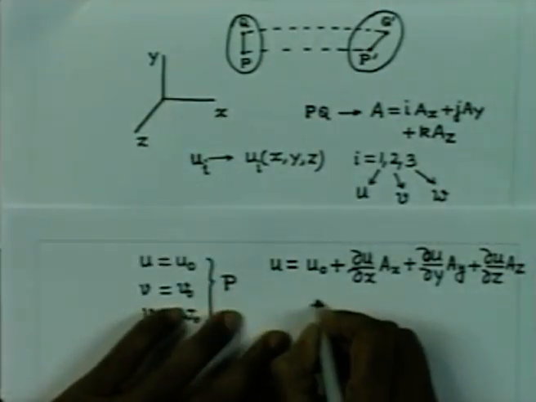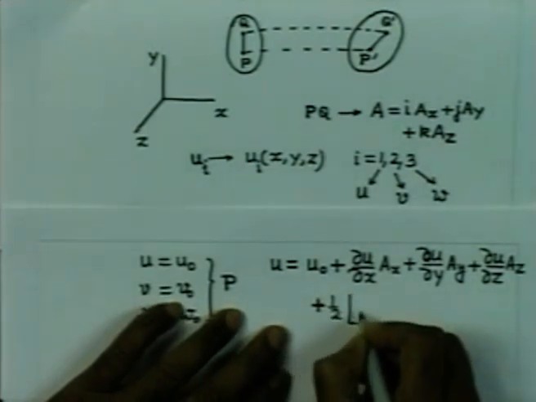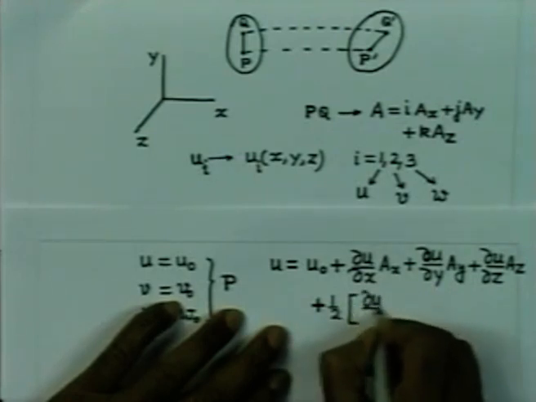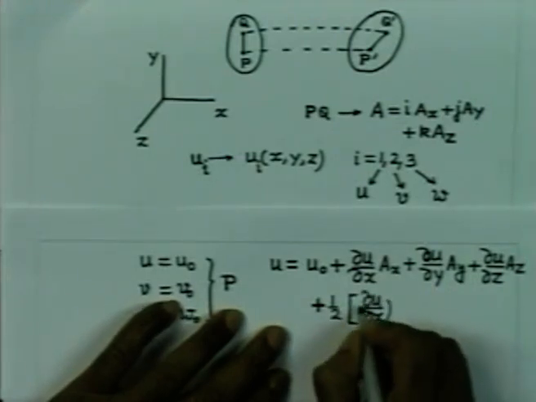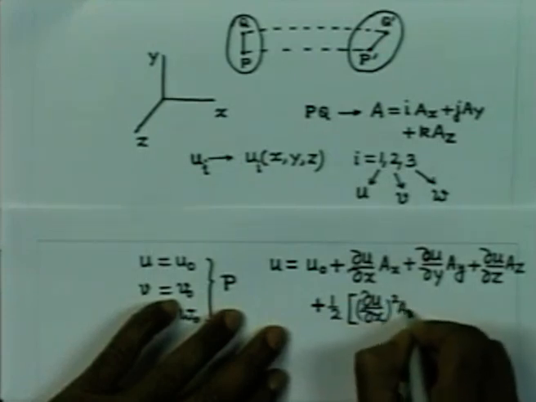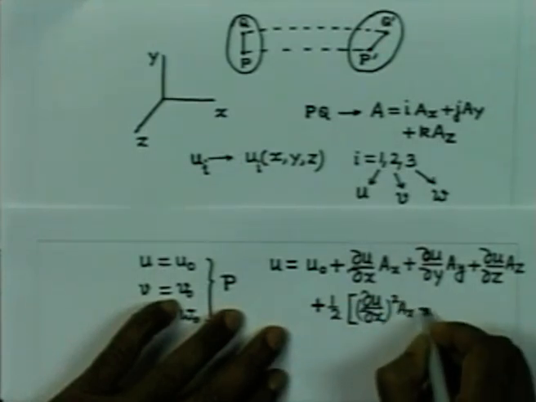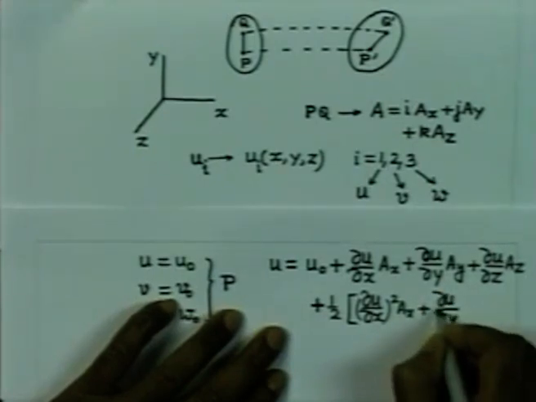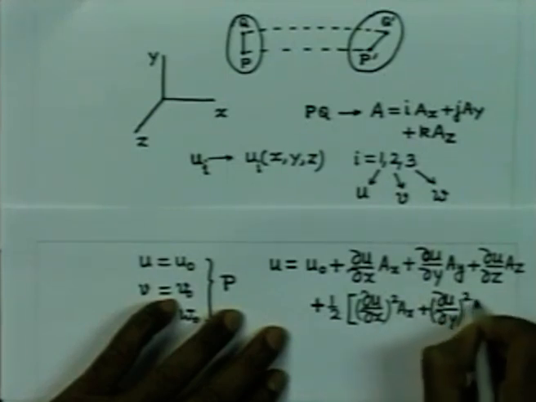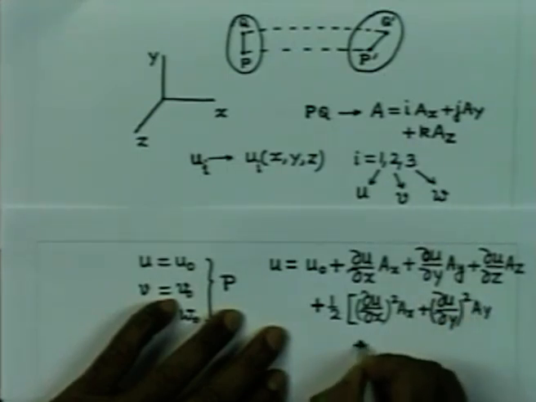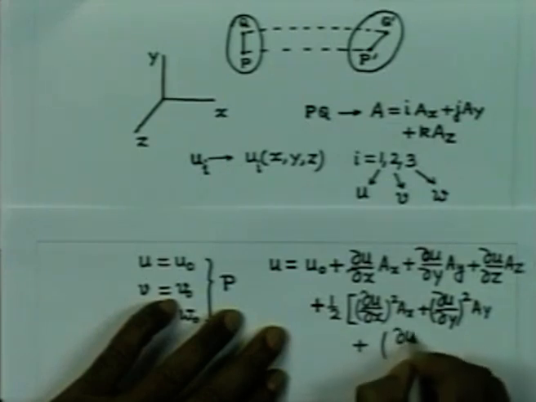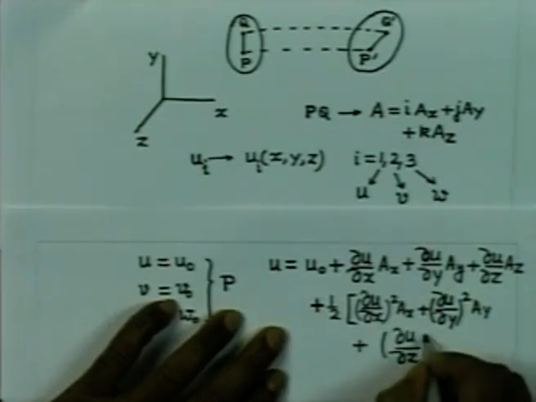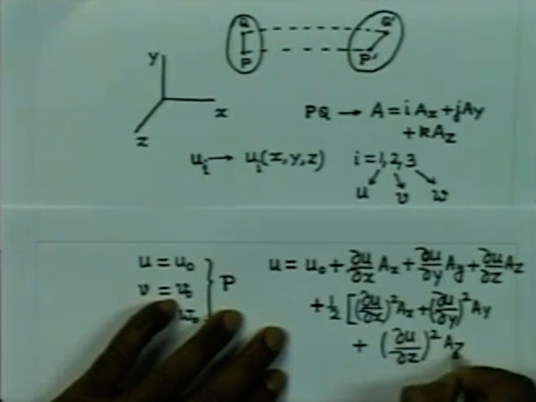Then we are also going to get second order terms, which are delta squared u by delta x squared into Ax plus delta squared u by delta y squared into Ay plus delta squared u by delta z squared into Az, and we can have higher order terms.